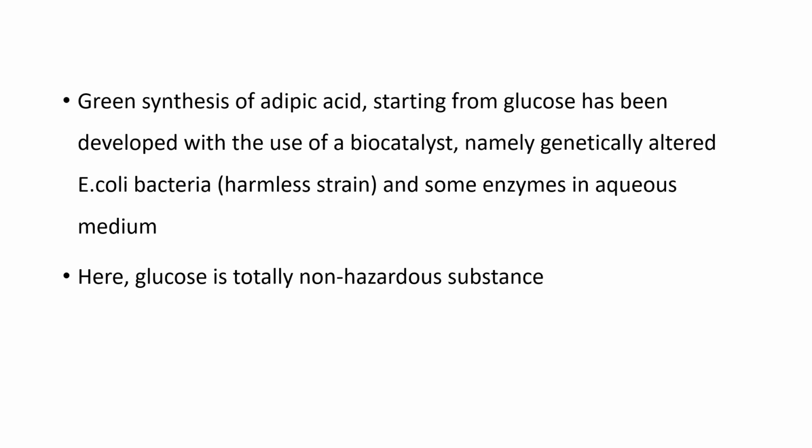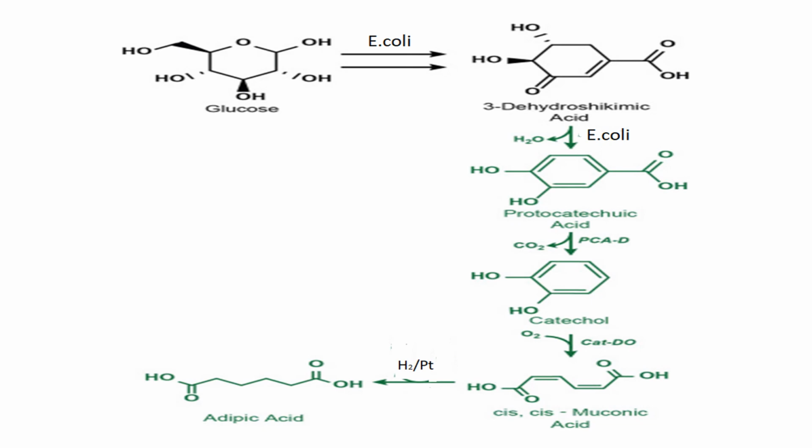Green synthesis of adipic acid starting from glucose has been developed with the use of a biocatalyst, namely genetically altered Escherichia coli bacteria, and some enzymes in aqueous media. Here, glucose is a totally non-hazardous substance. Moreover, the Escherichia coli bacteria used is a harmless strain. Here, D-glucose is converted into 3-dehydroshikimic acid by Escherichia coli bacteria.